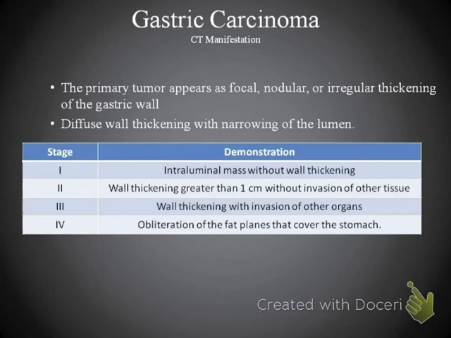So we've not only progressed from the gastric carcinoma, but we've also metastasized into other areas. And stage 4 is obliteration of the fat planes that cover the stomach. So basically, the stomach becomes one huge mass that really cannot be delineated from anything else.